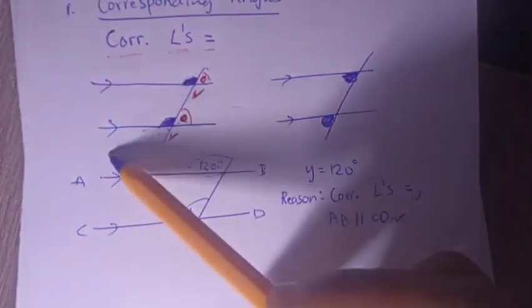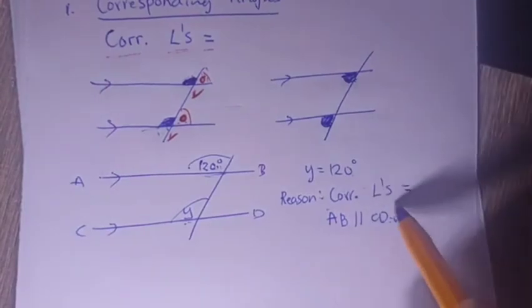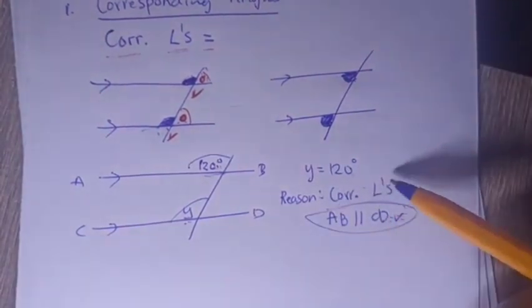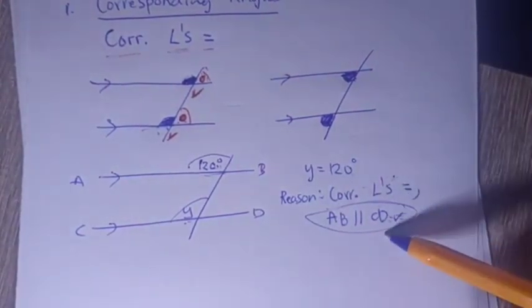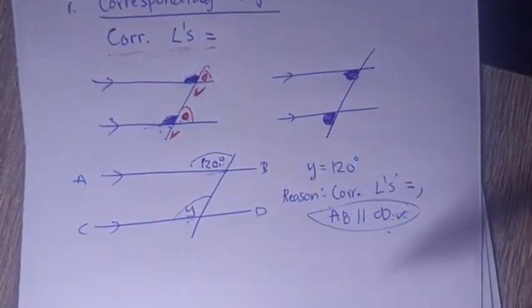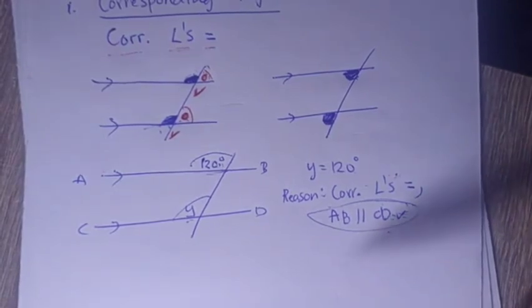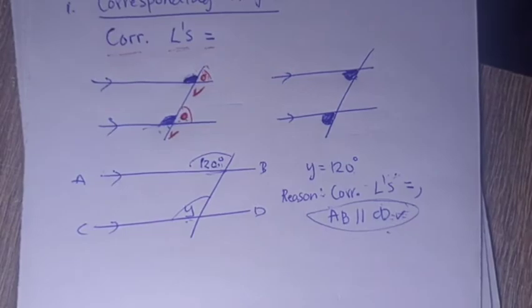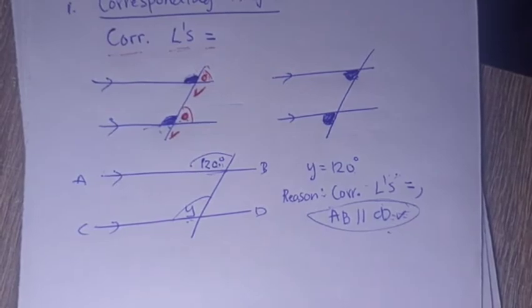And how do you identify parallel lines? By the arrows. It's wrong to use this rule if you don't see parallel lines. If the arrows were not there, you mustn't use the rule. You only use the rule once you identify the arrows.